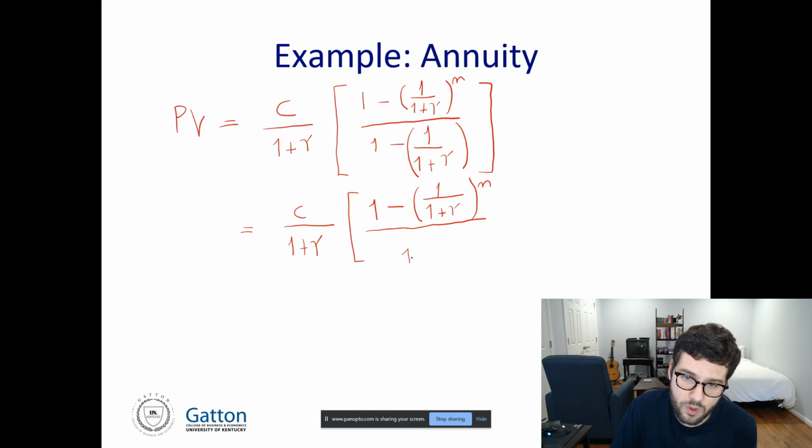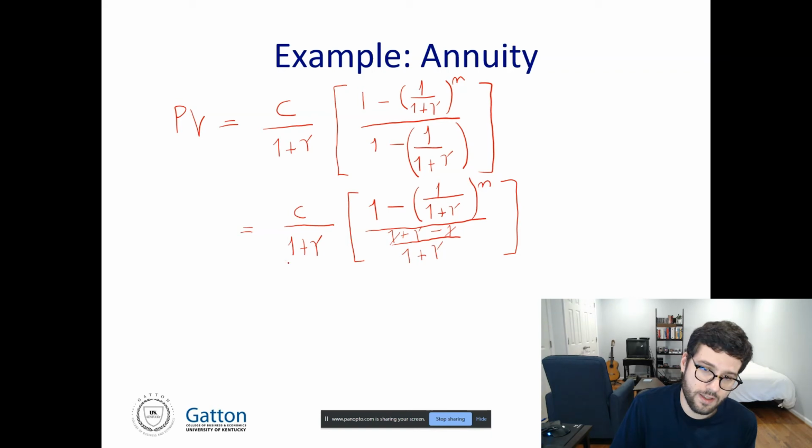So we get 1 plus r over, in the denominator of the denominator we have 1 plus r, and then here we get 1 plus r minus 1. Okay. So this minus 1 is going to cancel with this 1, and this 1 plus r is going to cancel with this 1 plus r.